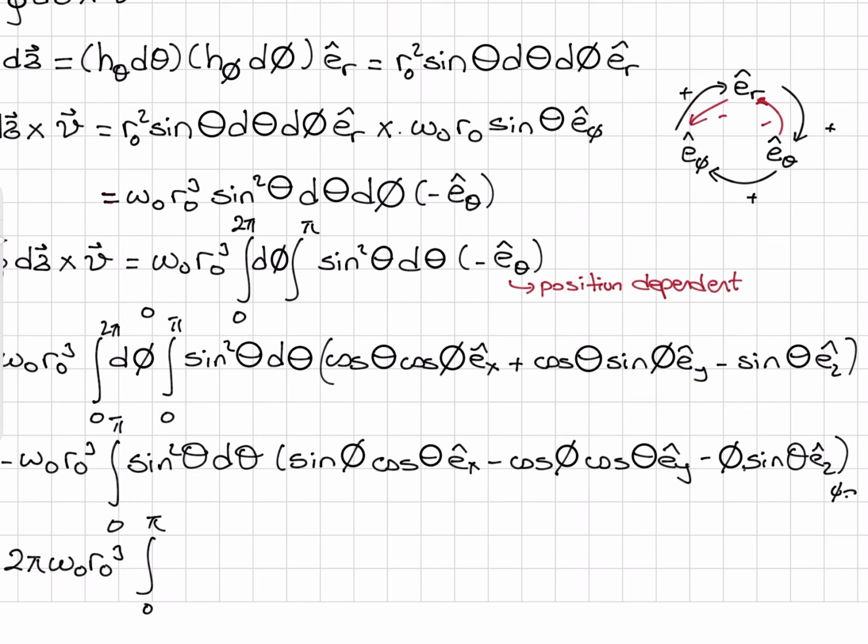This is to be evaluated between 0 and 2 pi. Therefore, I will actually obtain here also sine theta EZ hat. So this would give me sine cube theta, with the sine square up front, sine cube theta d theta in EZ hat direction.